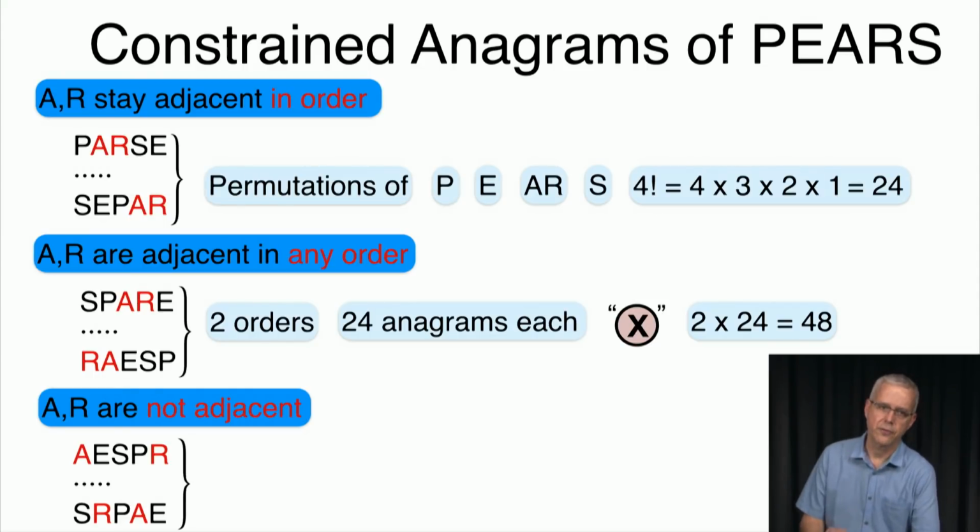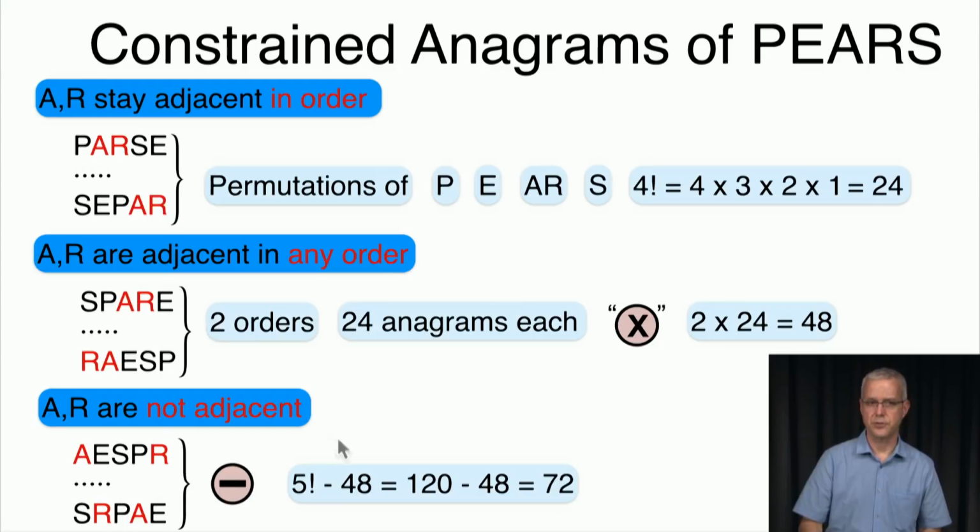Then, for example, AESPR and SRPAE, then we can note that what we could do is we could look at all possible anagrams of pairs, which in the previous slide we calculated to be 120, and we can consider all anagrams where A and R are adjacent and in any order, which here we calculate to be 48, and we can just look at the complement of this set relative to all possible permutations, and then by the subtraction rule we get that the total number of anagrams where A and R are not adjacent is 5 factorial, which is the total number of permutations, minus 48, so 120 minus 48, namely 72.